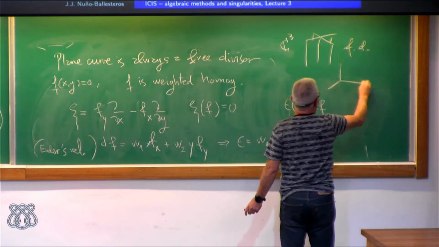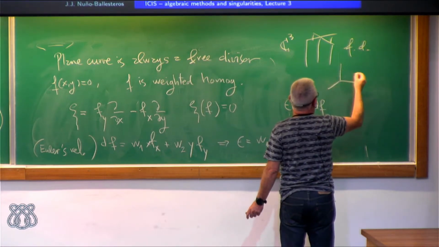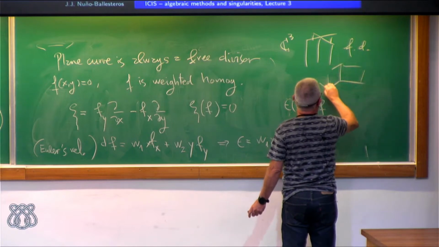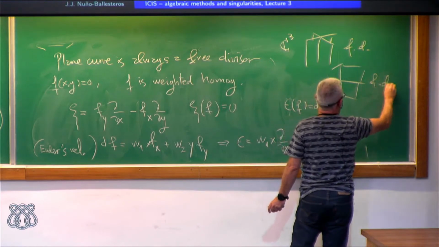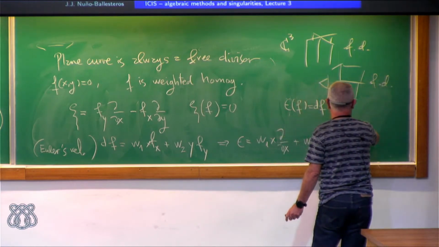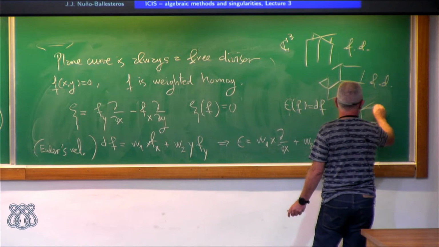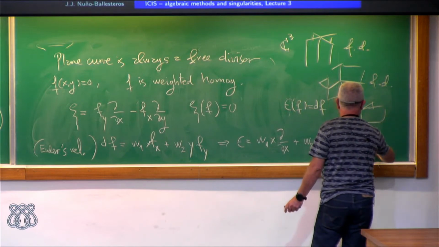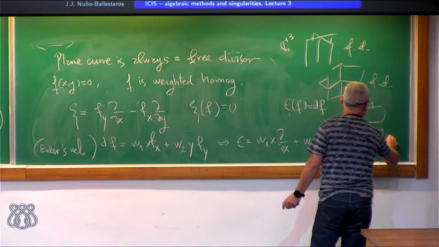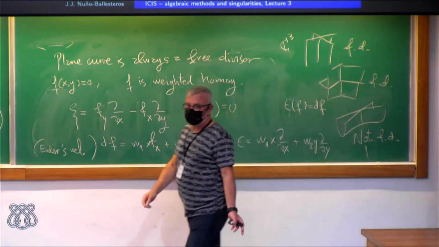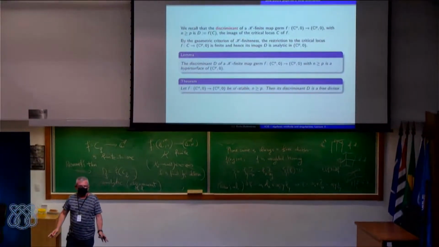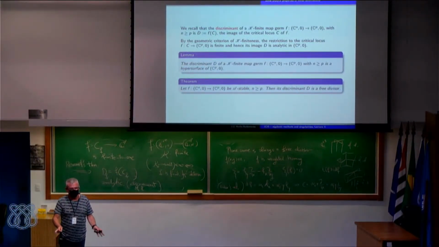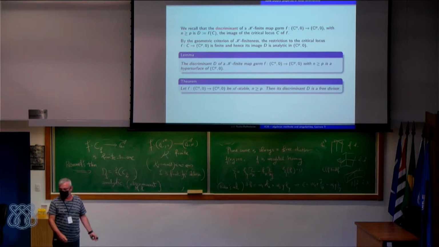The transverse triple point is also a free divisor, but for instance, the Whitney umbrella, which is stable, is not a free divisor. So it's not easy to see the geometrical flavor of this definition. Okay.